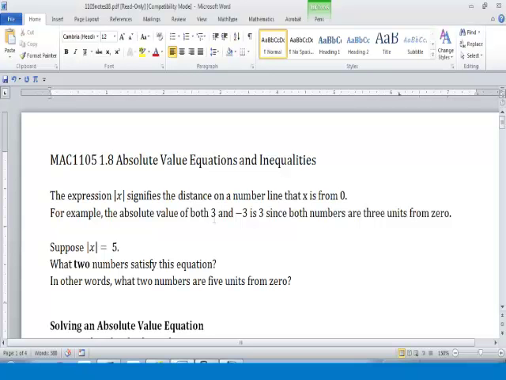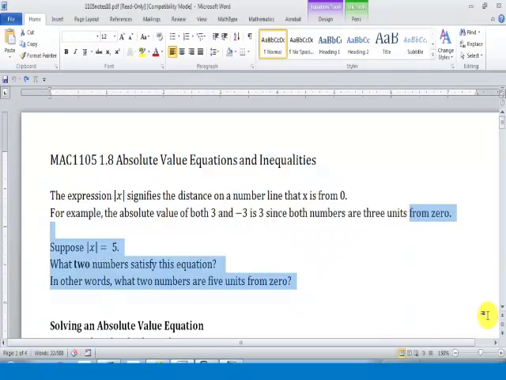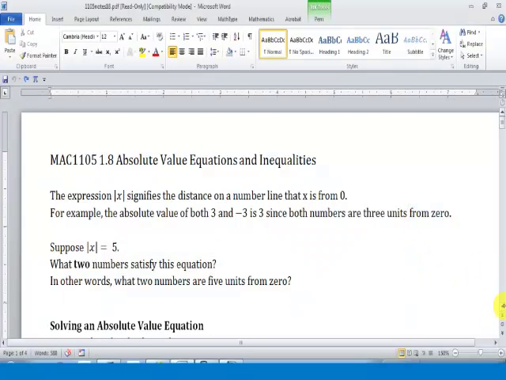So the absolute value of 3 is 3, because 3 is 3 units away from 0. The absolute value of negative 3 is also 3, because negative 3 is 3 units from 0, just to the left of 0. And what's the absolute value of 0? It is 0.